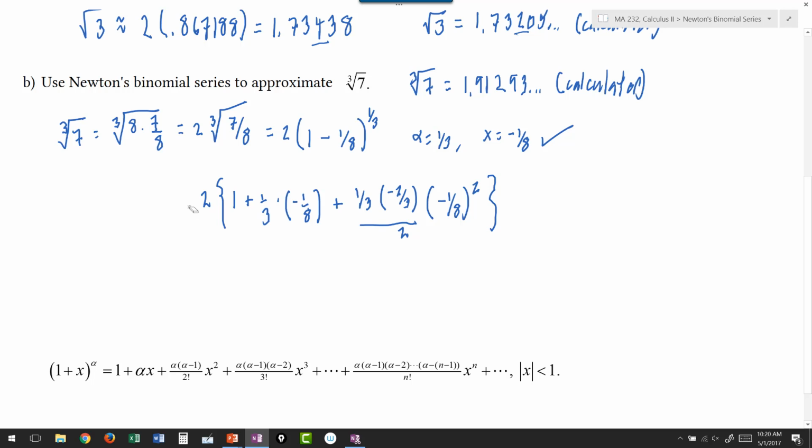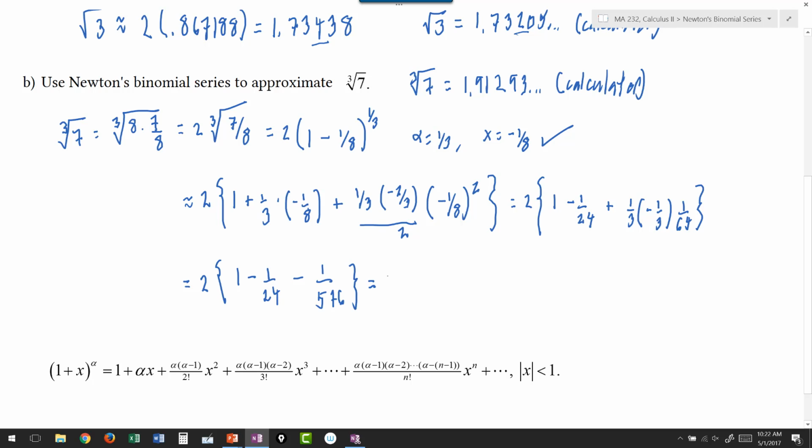And again, I'm going to be a little fussy here. That's not an equal sign anymore. It's an approximation because I've stopped after 3 terms. All right, so let's see. I'm going to get 1 minus 1/24. So this is all equal to 2 times 1 minus 1/24. Of course, this can all be done much faster just using your calculator.